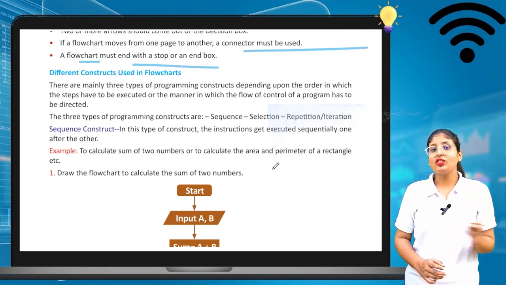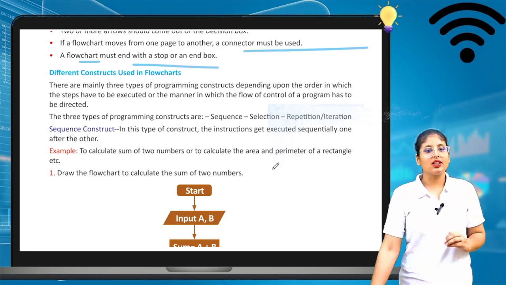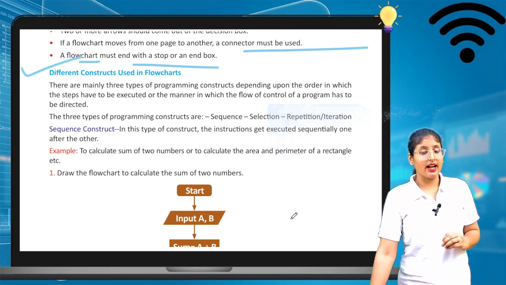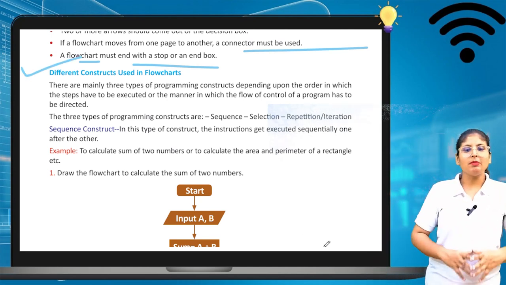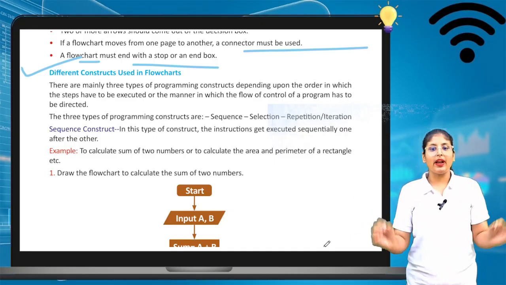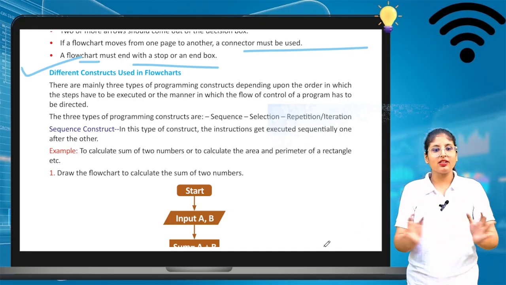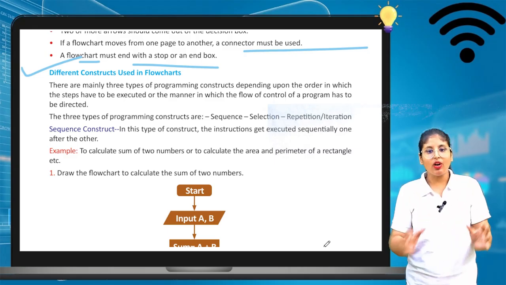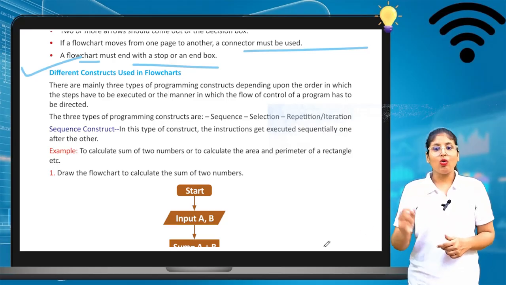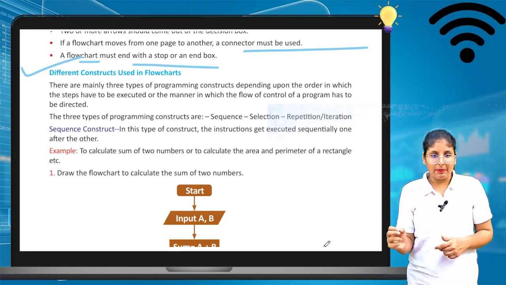Now it's time to see different constructs using flow charts. There are mainly three types of programming constructs, depending upon the order in which the steps have to be executed or the manner in which the flow of control of a program has to be directed.